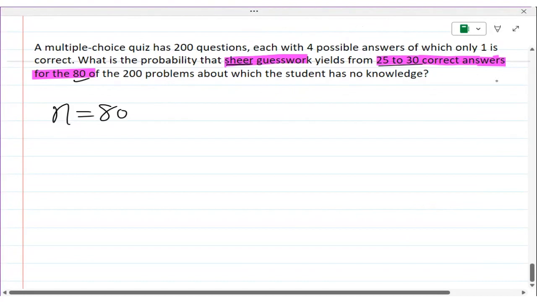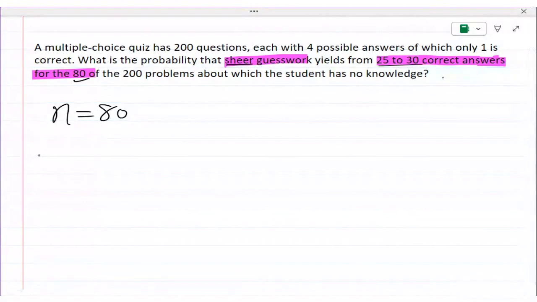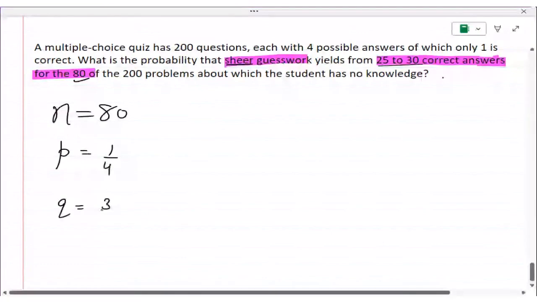So when we guess 80 questions, either 0 or 1 will be correct. So they are asking what are the chances that 25 to 30 will be correct. Because there are 4 options for one question, the chance that a question is correct is 1 by 4. The chance that it will not be correct is 1 minus 1 by 4, which is 3 by 4.